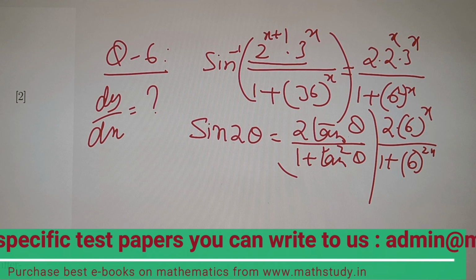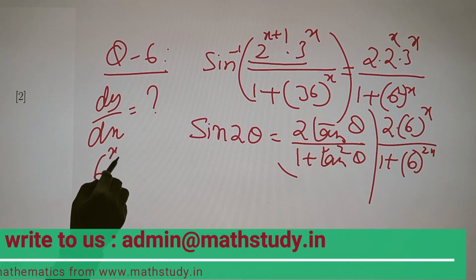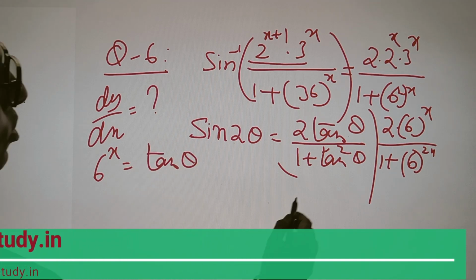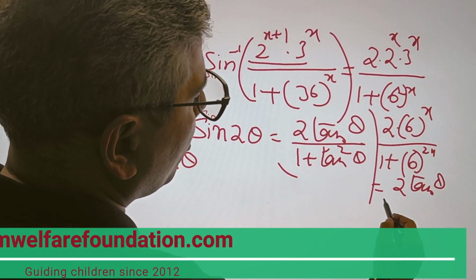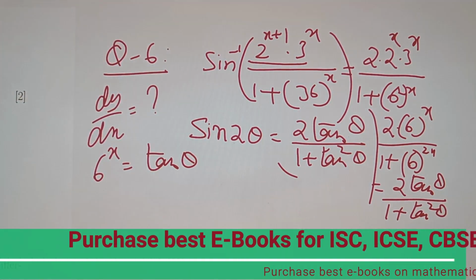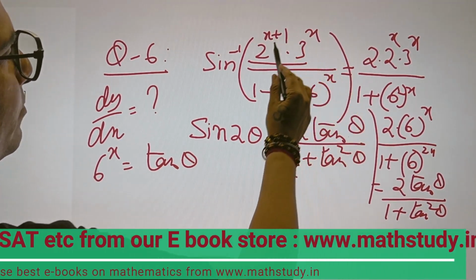Now what we can do here is simply substitute 6 raised to the power x equals tan theta. Very simple. So what we will get here is 2 tan theta upon 1 plus tan square theta. Now we have simplified this part here.